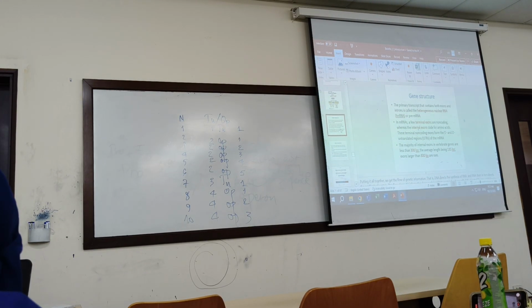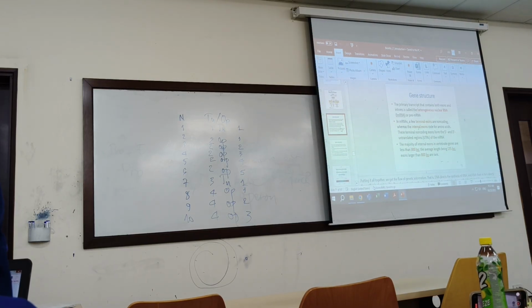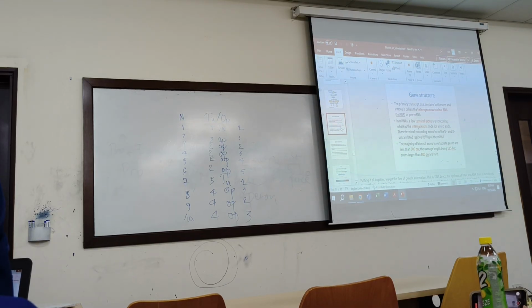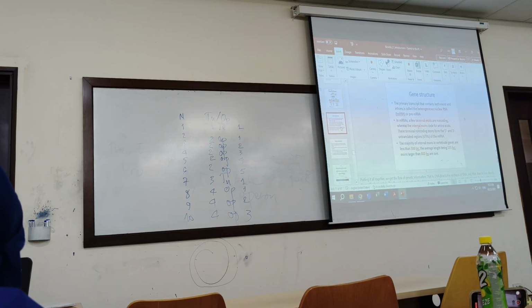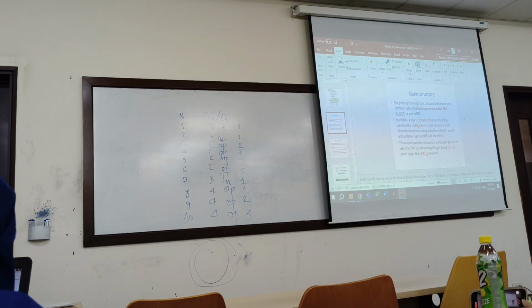And some slides just finished in lecture 6 about introns containing splice sites, but exons have no splice site. Remember that? I just showed you the splice site, nucleotide adenine. That's the splice site and it is present in introns only, not present in exons.